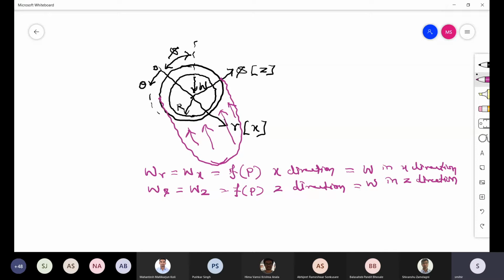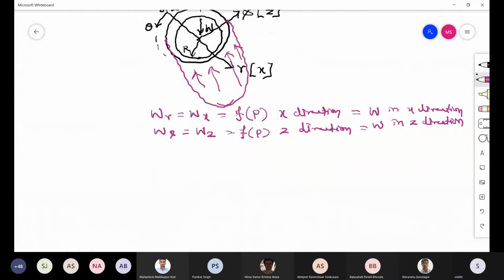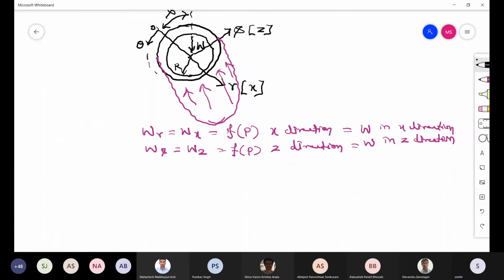Okay, then let us move forward. What we did last class, let me draw the bearing again. Typically a journal bearing is like this. As I said, it is just a bush bearing, an outer cylinder and one inner cylinder.